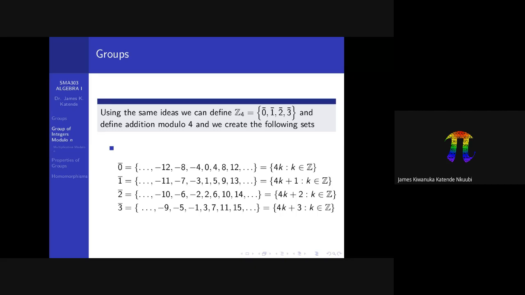But this is simple. Look at this definition. It says you're looking for all integers of this form. They leave remainder 1 when divided by 4. So can you find an integer k? For instance, if k is negative 3, 4 times minus 3 plus 1 gives me negative 11. Is that correct? Yes, it's correct. So that's how you need to think.